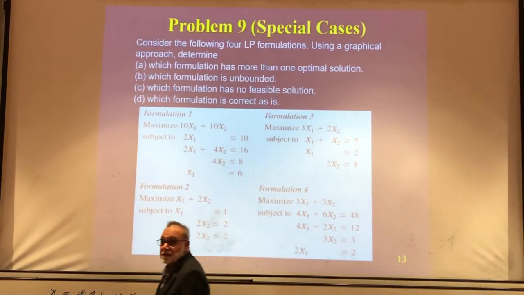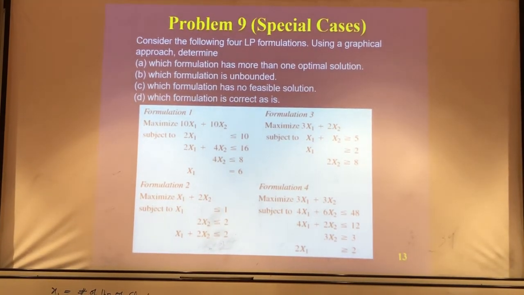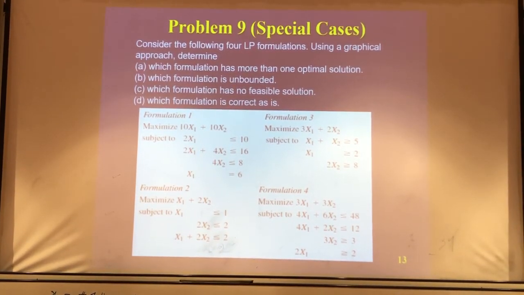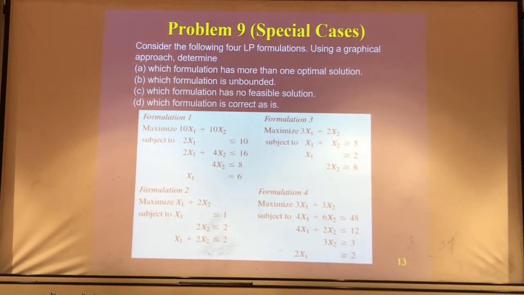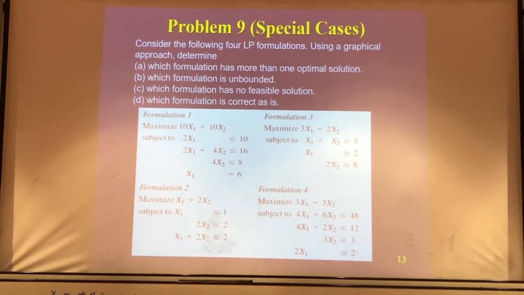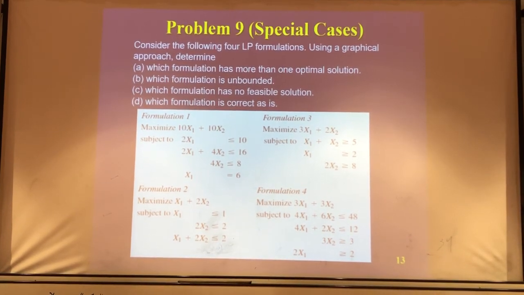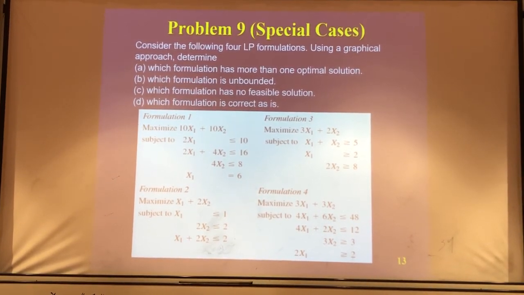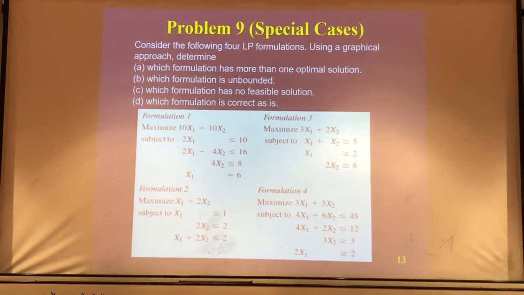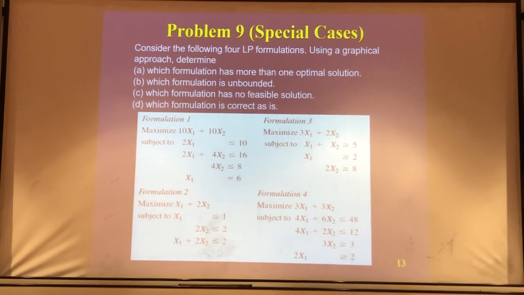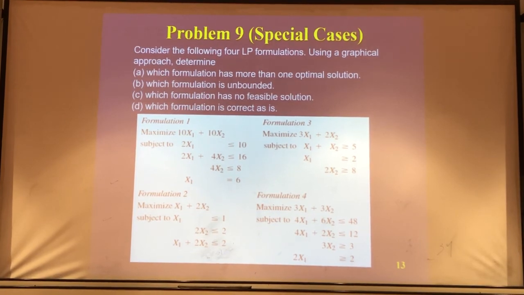We discussed special cases: unboundedness, multiple optimal, and infeasibility. So there are 4 formulations. One of the formulations is the correct formulation. It can be solved. It doesn't have any special case. The other 3 formulations have special cases. So please look at that, draw the constraints and see what the special cases are. Draw the constraints quickly. You don't have to solve them. You just draw the constraints and you can see by drawing them what special cases there are.